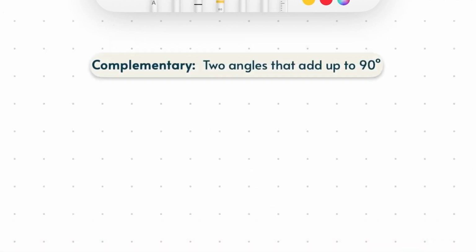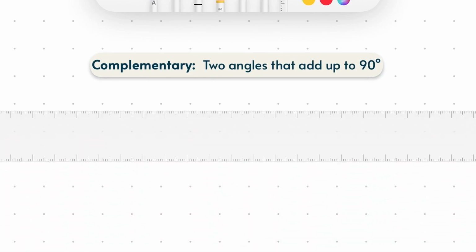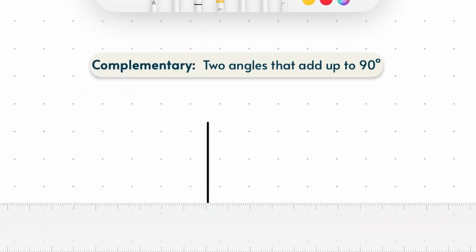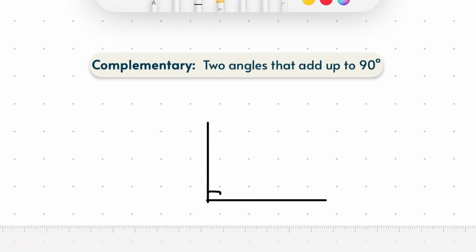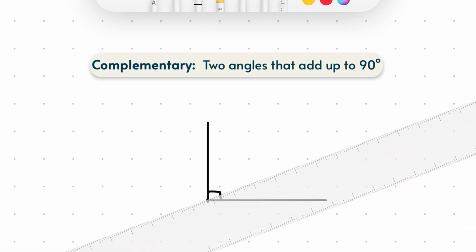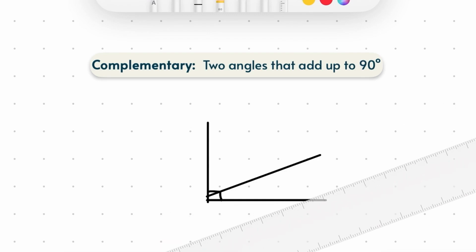Now let's define complementary angles. These are any two angles that add up to 90 degrees. Let's look at an example. First I'm going to construct a right angle that intersects at a common point, and I'm going to split this right angle into two separate angles. One of these angles can be called x.